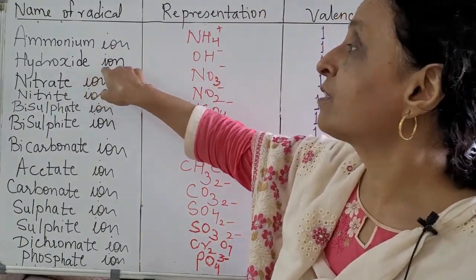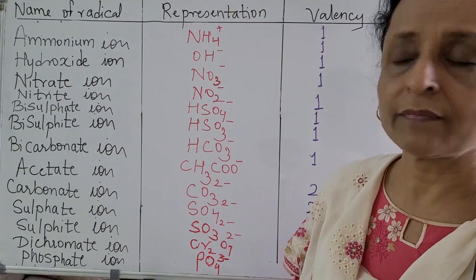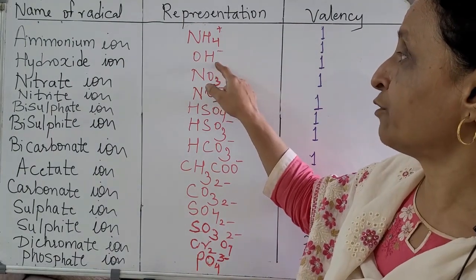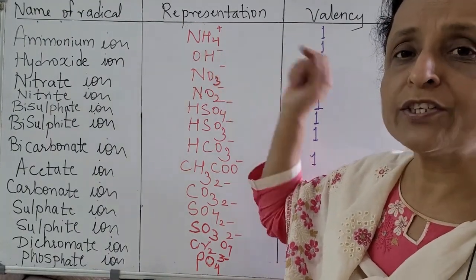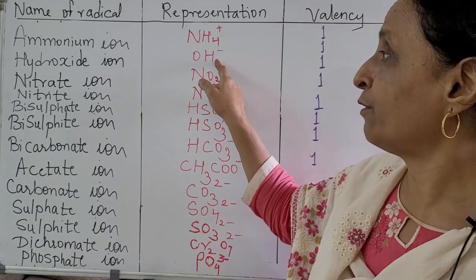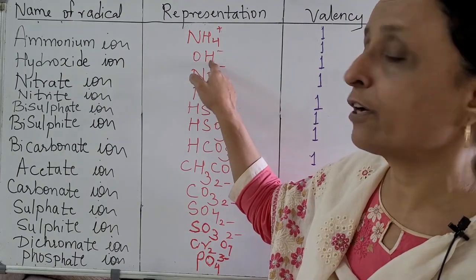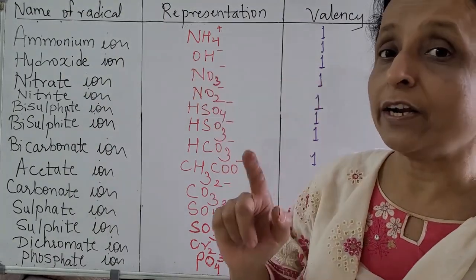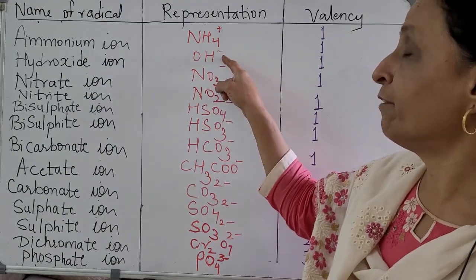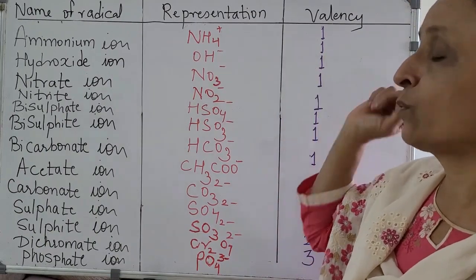Now, hydroxide ion. Hydroxide ion is OH negative, from hydrogen and oxygen, hydroxide OH. Now it has got 1 negative charge, its valency is 1.